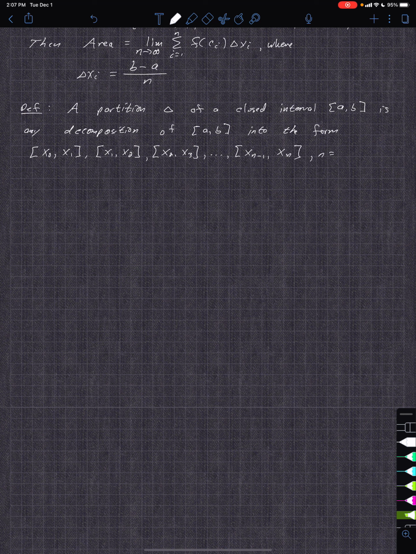Another way to write that is a equals x sub naught, which is less than x1, which is less than x2, etc., all the way to x sub n minus 1, which is less than x sub n, and that equals b.